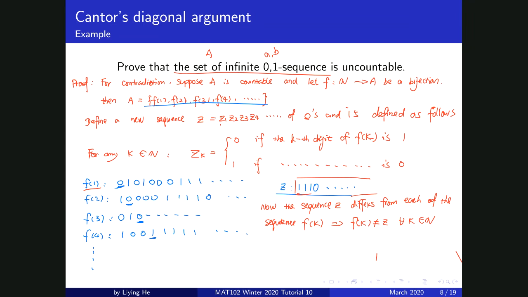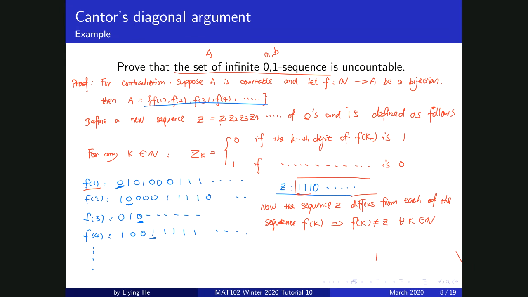Even if every other digit is the same, the first digit is different, so it's different from F1. If you compare it to F2, the second digit is going to be different, and so on. So we know that it's definitely going to be different from any of the sequences in A. Okay, I see.